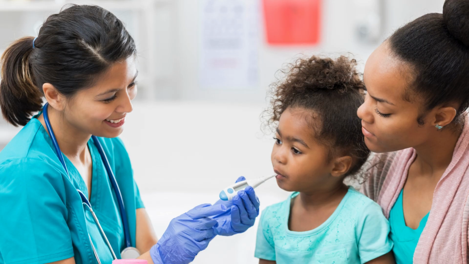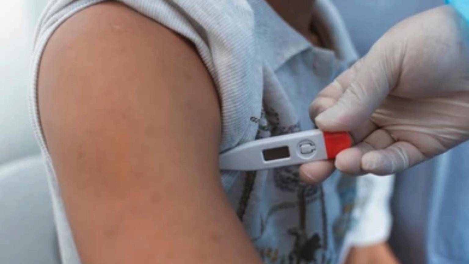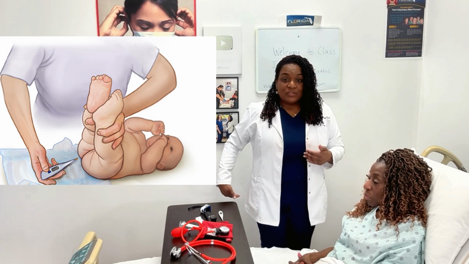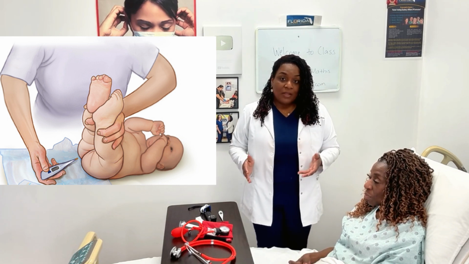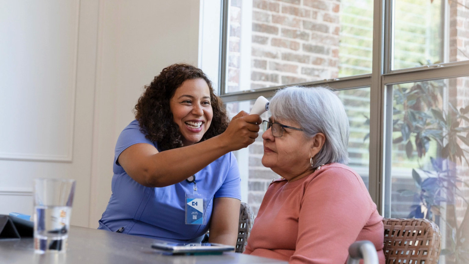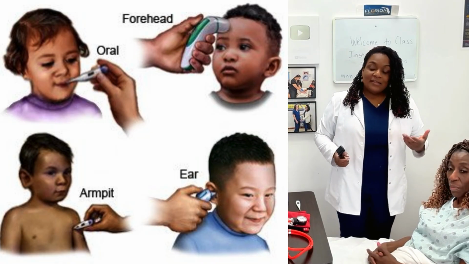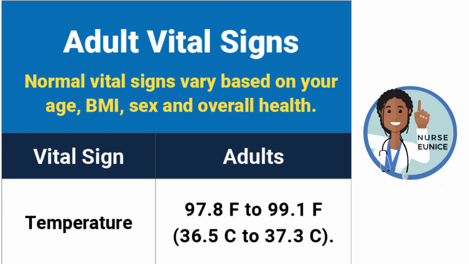Don't forget that whenever you're taking a temperature, you can do so orally, under the armpit, or via the axillary area. You can also take a rectal temperature. It's just based on the environment in which you work. For most adults, we are either going to have an oral temperature or a thermal temperature where we can actually scan the forehead. There are also measuring devices that will allow you to take a temperature via the ear.